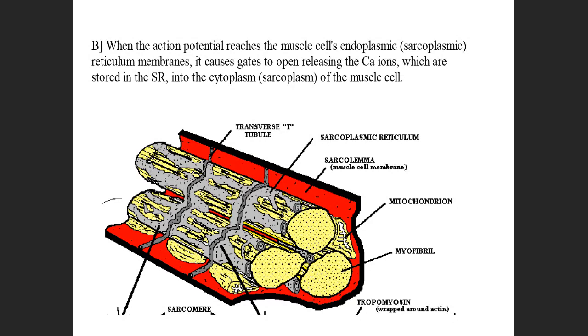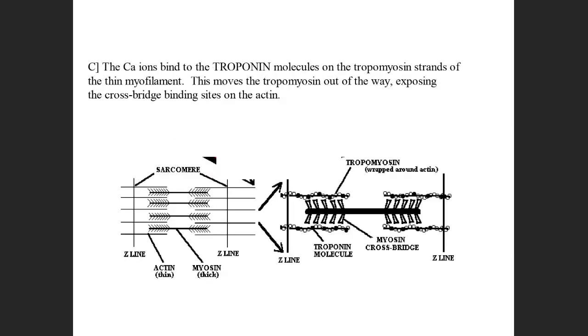But if the muscle impulse shoots into the SR and causes the gates to change shape and open, the calcium ions leak out. When the calcium ions leak out, they have to have a place to go.